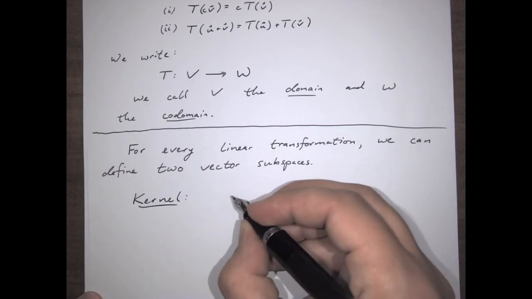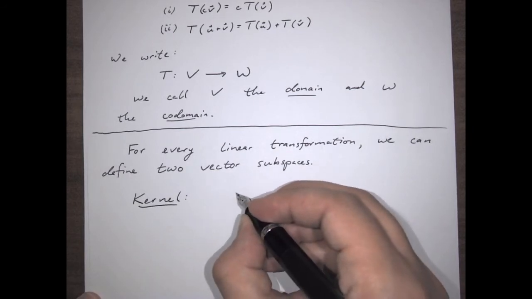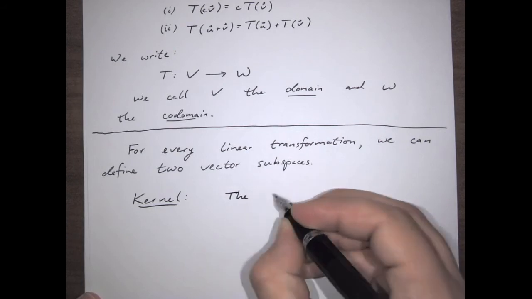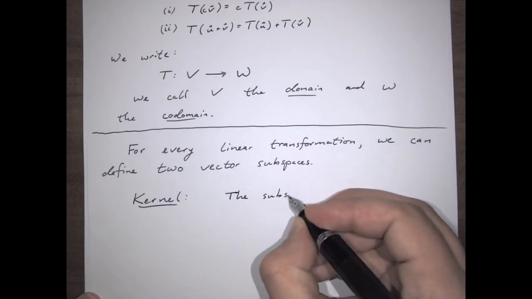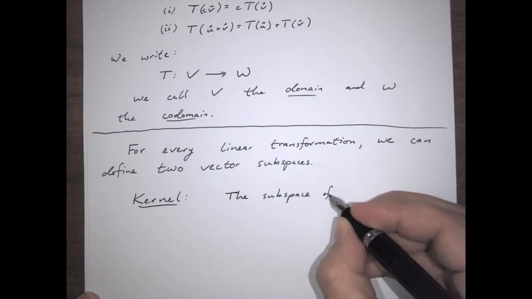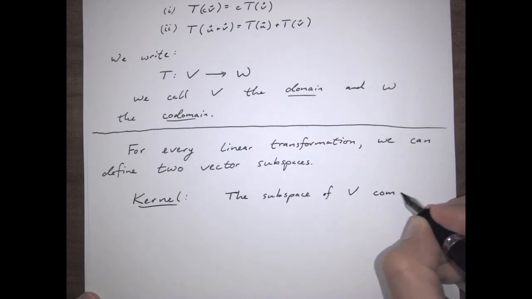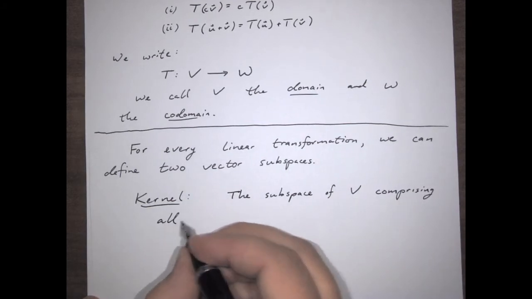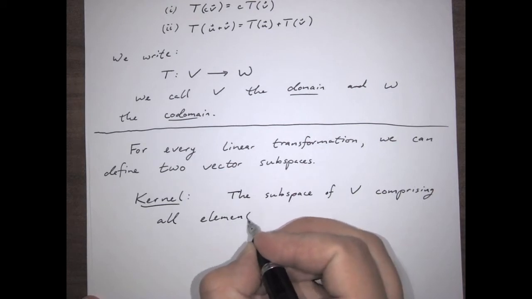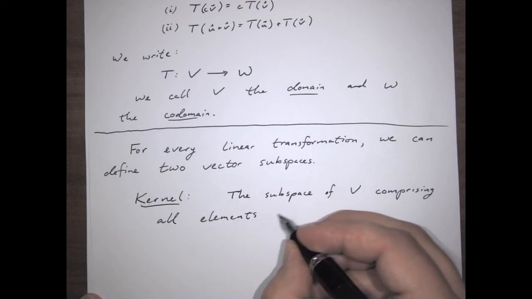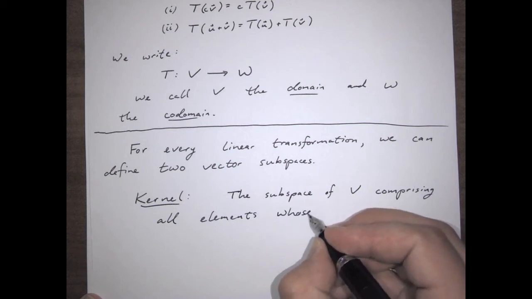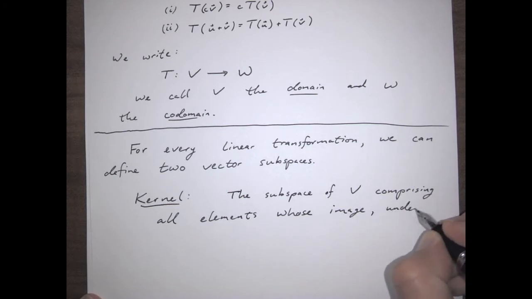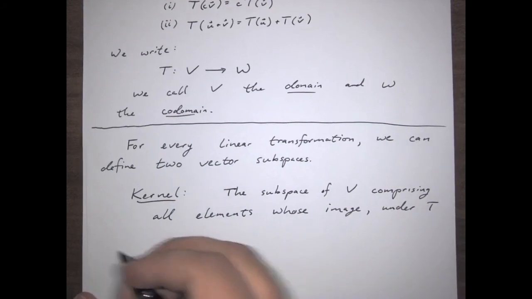So the kernel, which you can write KER of T if you want, is the subspace of V comprising all elements whose image under T is 0.